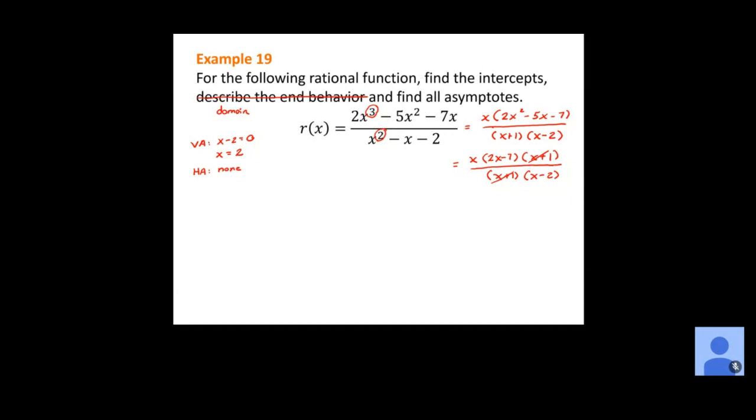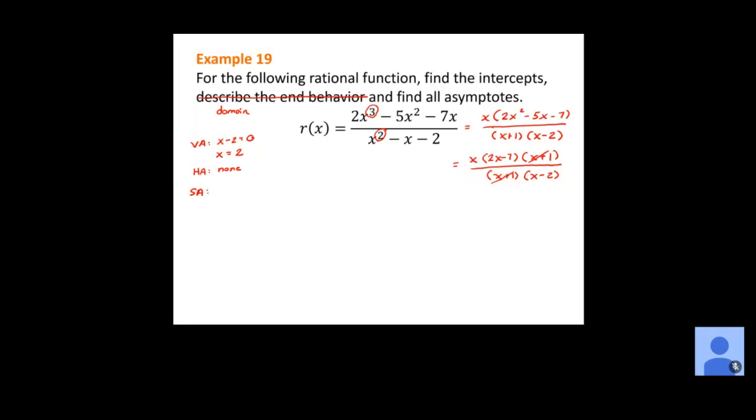Now, because there's no horizontal asymptote, what do we need to check for now? Slant, right? So now we actually need to find the slant asymptote. And how do we find slant asymptotes? Long division.